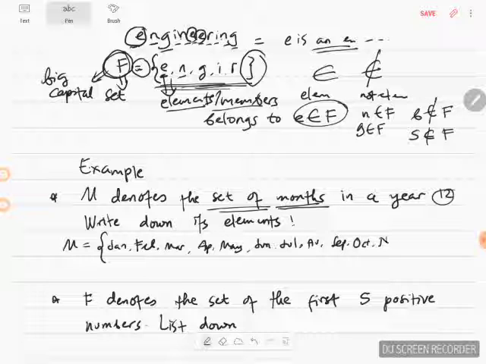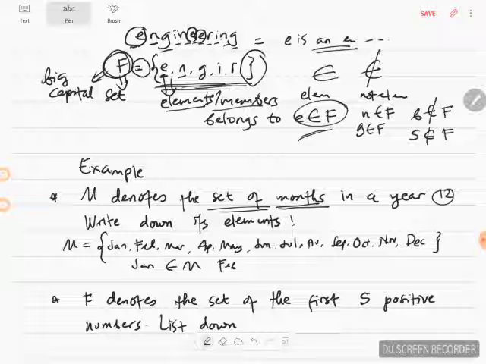Is it an element of M? Of course not, right? Or does Maximus belong to M? It doesn't. So Max is not an element of M. Let's say Mary. Is Mary a member of M? Of course not. So Mary is not an element of M.